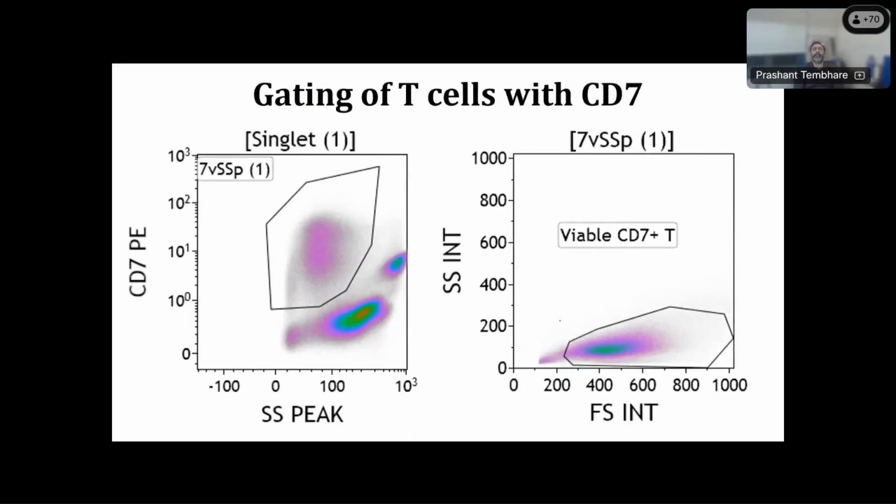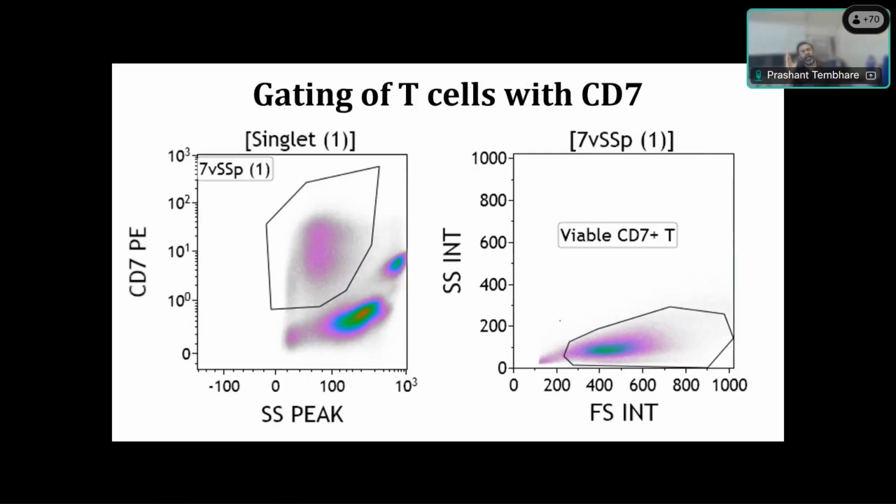So in TLL-MRD, we start gating by using CD7 because CD7 is the commonly, universally expressed T cell marker. So we identify T cells by using CD7. It is a sensitive marker because it is expressed in almost all TLL.